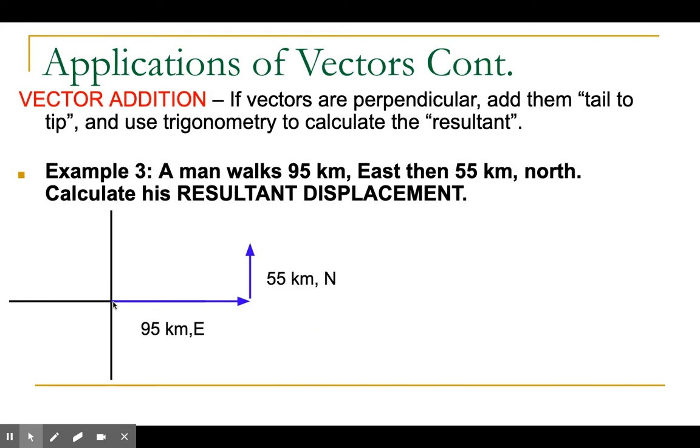We need the distance, or displacement rather, in this case. We need the displacement from the initial location to the final location, which we call the resultant displacement. To find that length, we draw a straight line from the origin to the tip of our last vector.